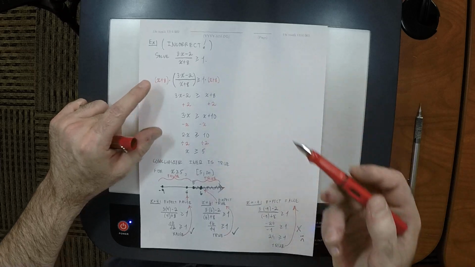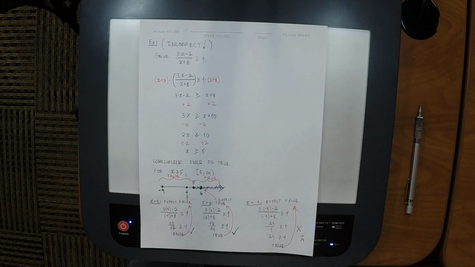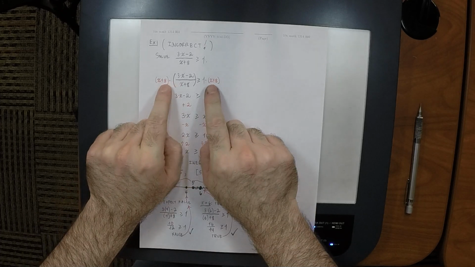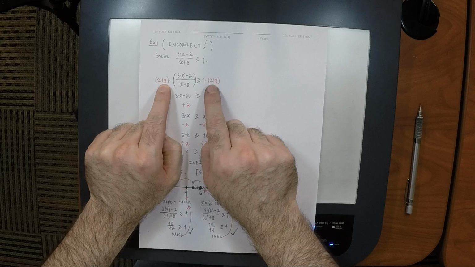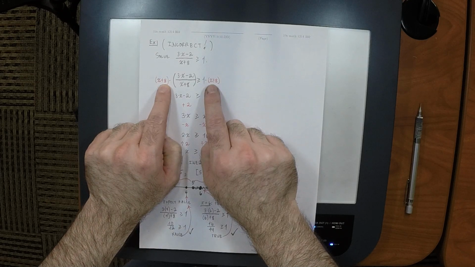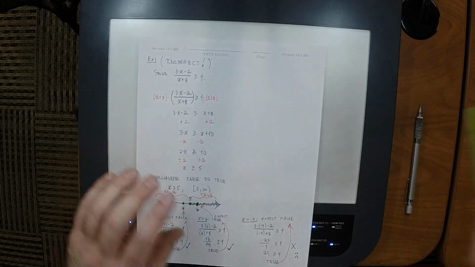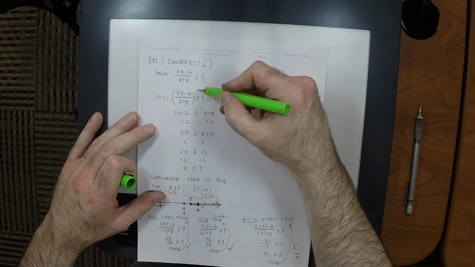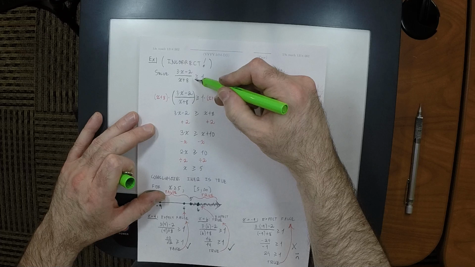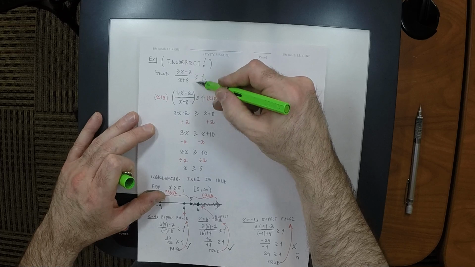Well, it's an inequality, and we multiplied both sides by something. Remember, the rules are these. You can multiply both sides by something that's non-zero. Did we check and make sure that x plus 8 is non-zero? We didn't check that. Also, notice that the direction of the inequality is the same.